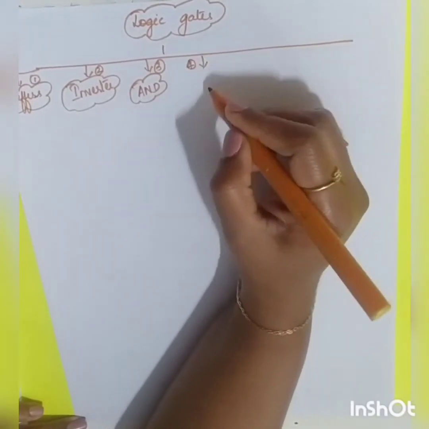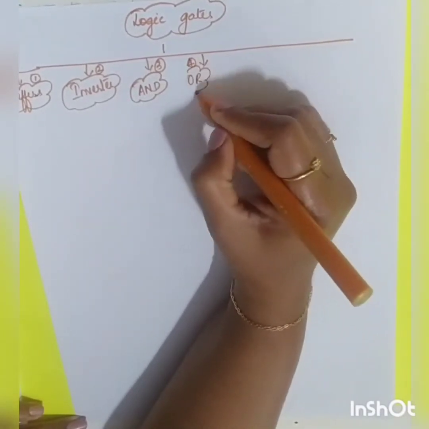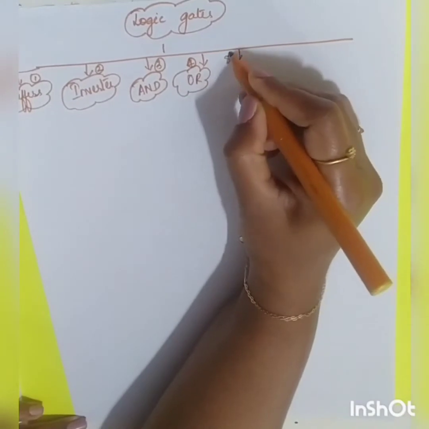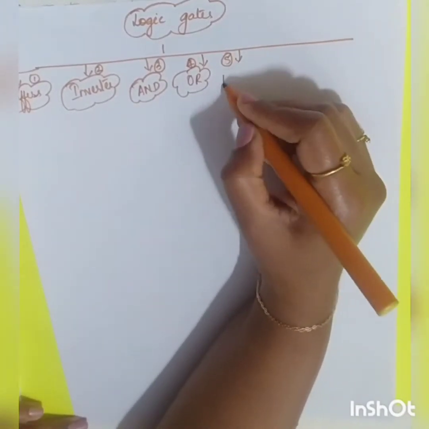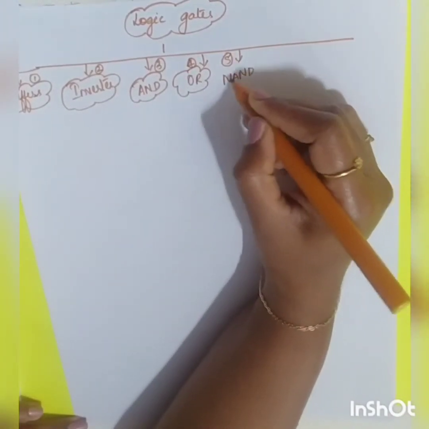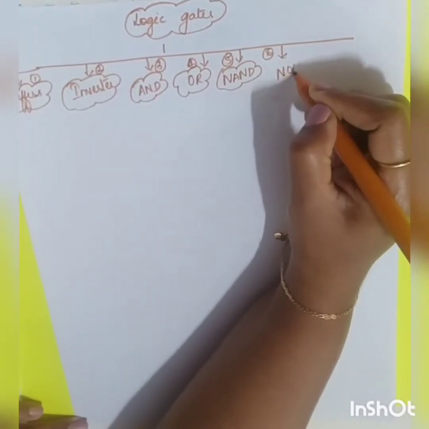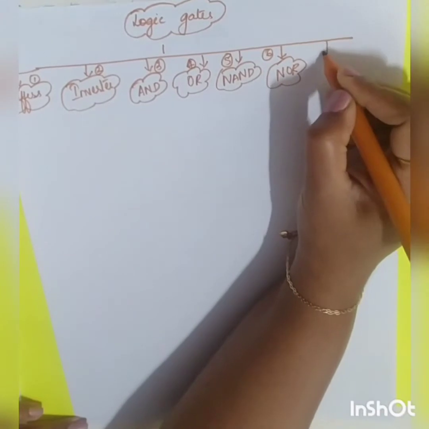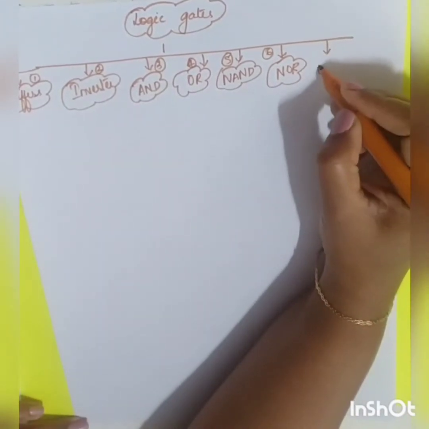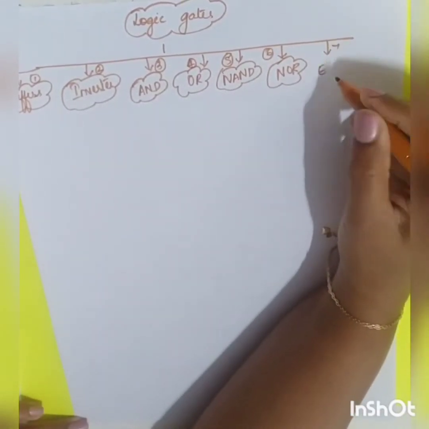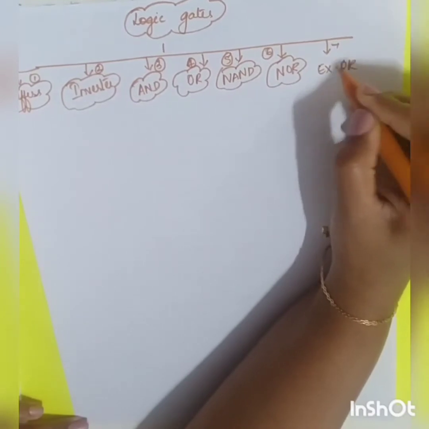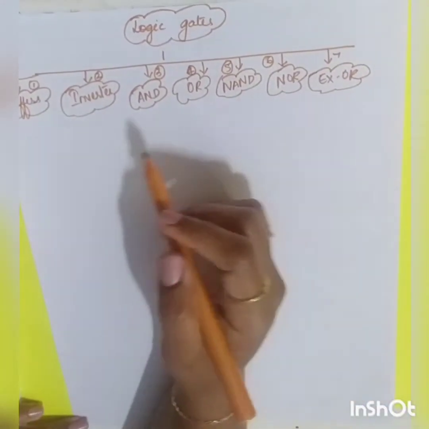Fourth one is your OR gate. Fifth one is your NAND. Sixth one is your NOR. Seventh one is your XOR. Okay, these are the different 7 gates which you are going to study.